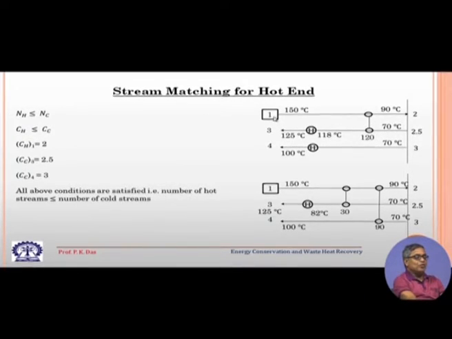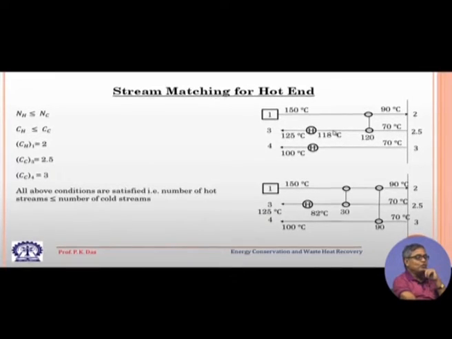So, by that we will be able to get the pinch temperature for the hot stream, and then we do not have to bother regarding the hot stream, because in this end the hot stream is to be cooled from 150 degrees Celsius to 90 degrees Celsius only. So, we can tick off the hot stream. So, this is called tick off method.